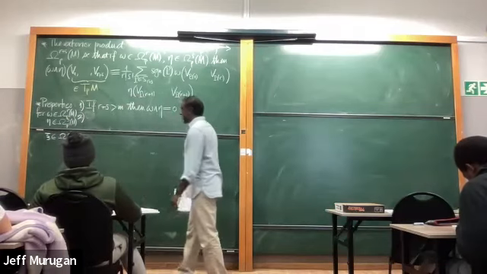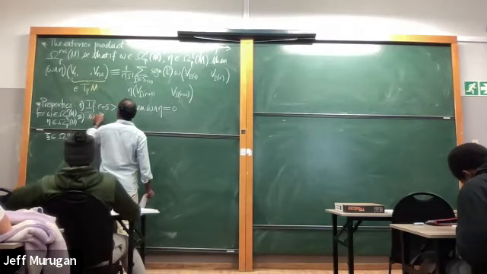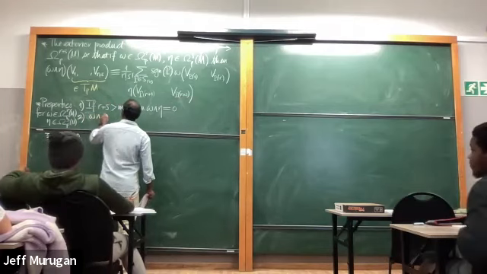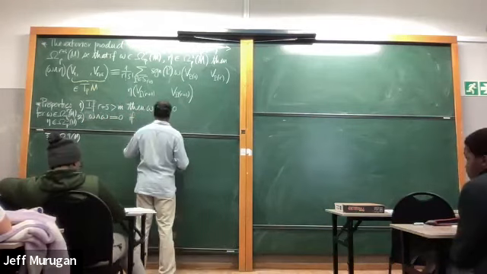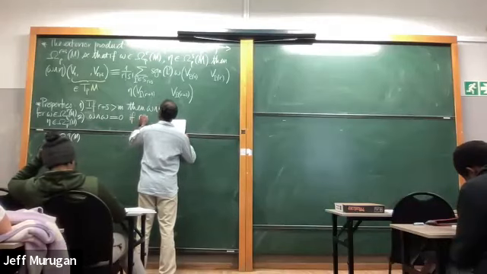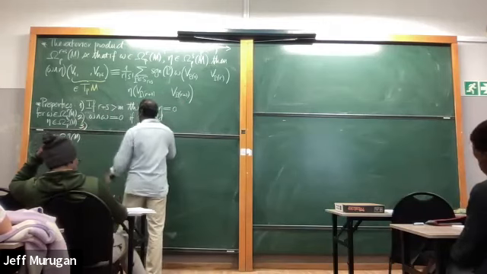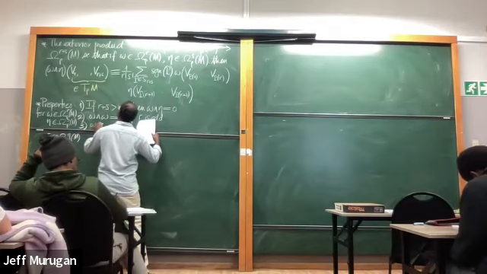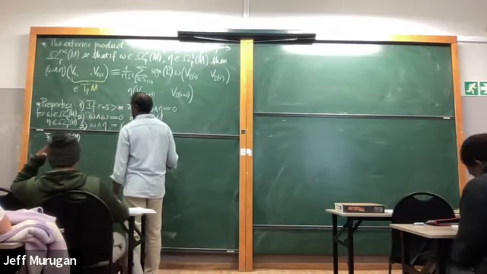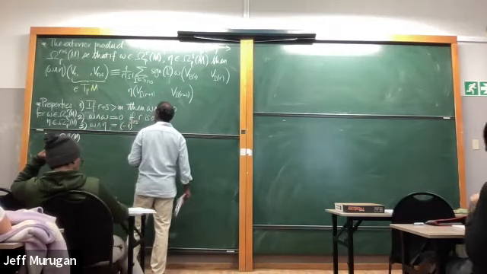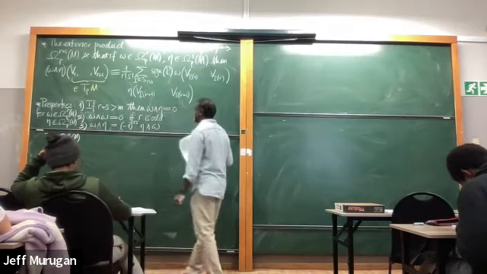Then omega wedge omega is equal to 0 if R is odd. 3: omega wedge eta is minus 1 to the RS times eta wedge omega.